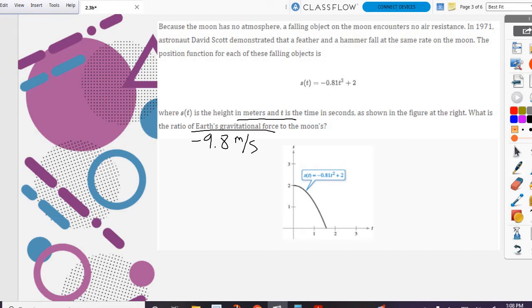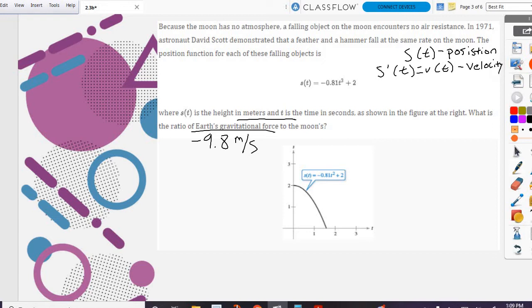Which is called what? Instantaneous velocity. So if I have s of t, this is my position function. If I take the derivative of that, that equals v of t, which is our velocity function.